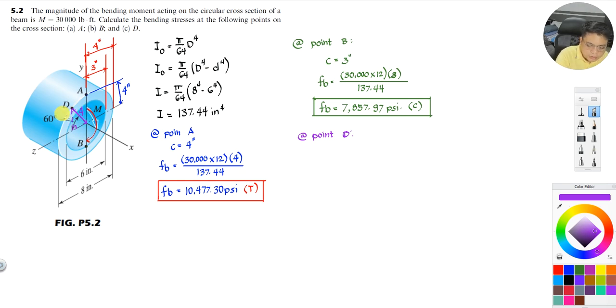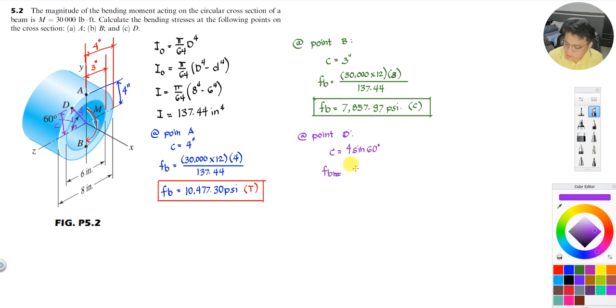So, mula dito, ito yung pinaka-C natin. So, I could say C that is equals to 4 sine of 60 degrees.